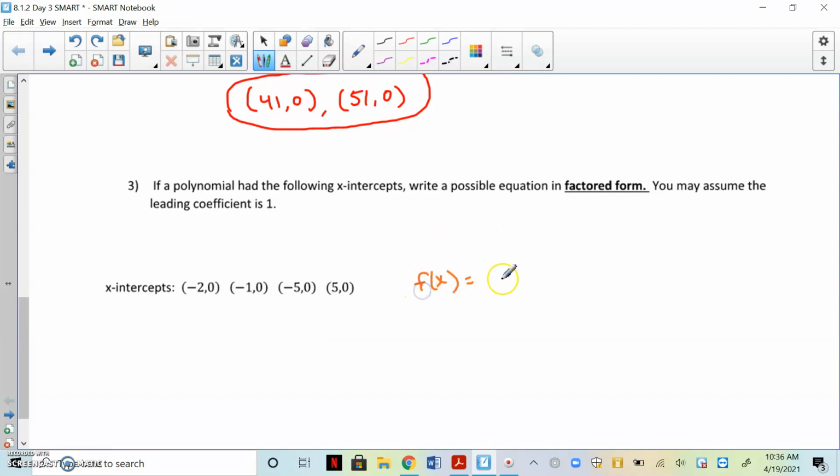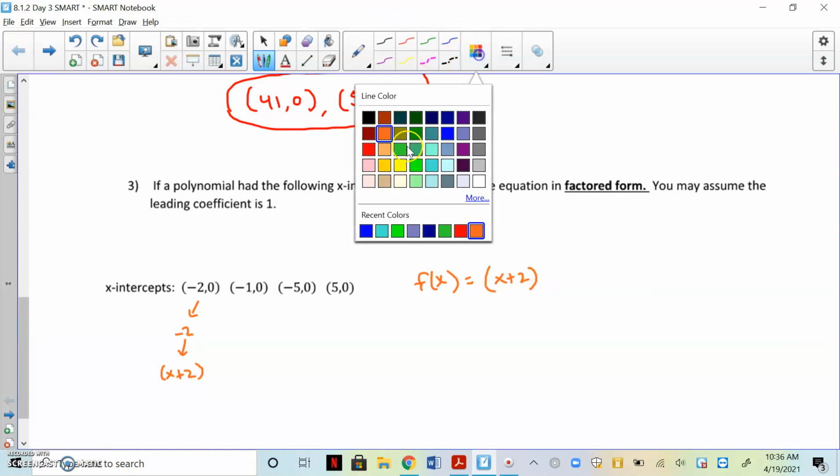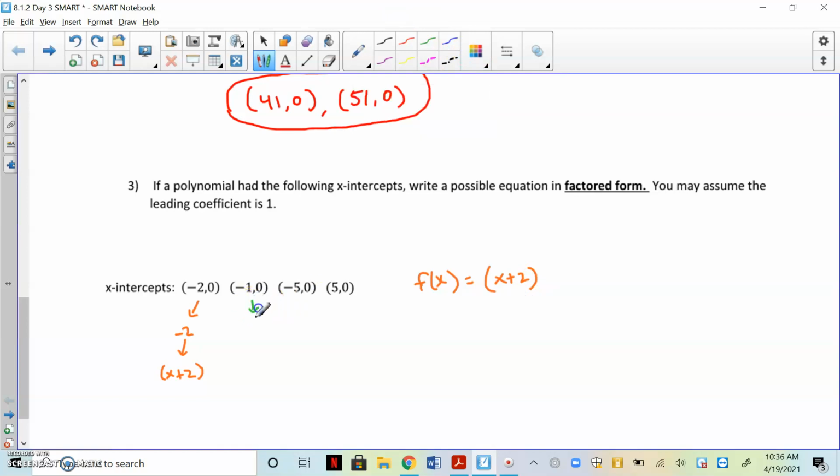equals, and so this -2, 0 here means we have a root of -2. So it's going to turn into a factor of x plus 2, because remember, we have to use opposites. So x plus 2. This one is going to have a root of -1, which gives us a factor of x plus 1. So x plus 1.